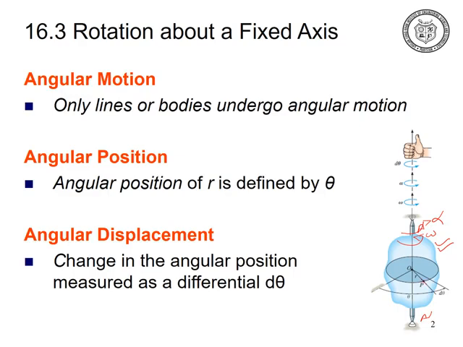Consider that this is the particle P, and the location of this particle P from the fixed axis is measured with respect to angle theta, which shows the position of the particle P. And this position is basically the angular position of the particle. What will be the position of this particle from the center of the circle?